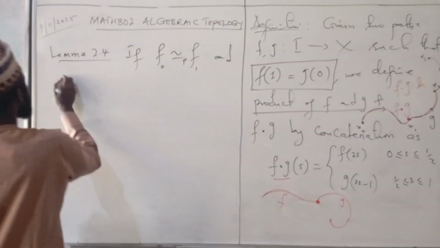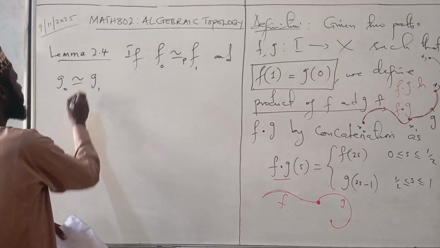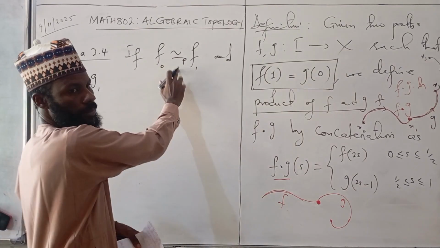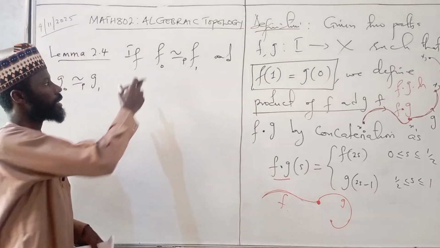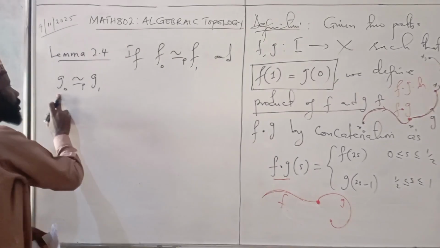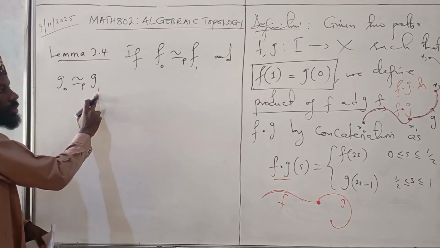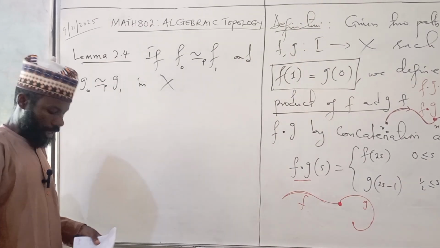I'm talking about f0 and f1 being paths, and g0 and g1 are also paths. But what is this notation? I don't know whether I have introduced it. I'm saying that f0 is path homotopic to f1, and g0 is path homotopic to g1 in a space X. This space is a topological space. Is that okay?